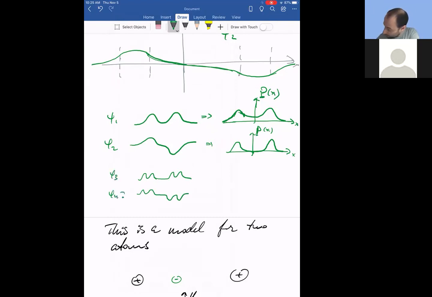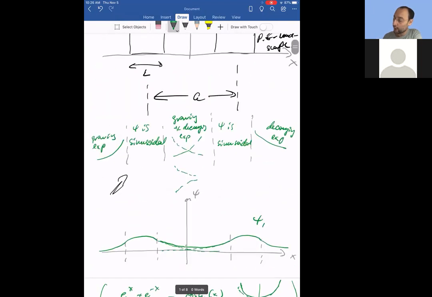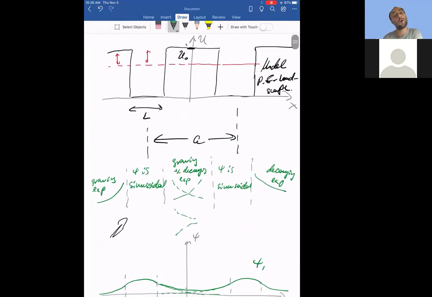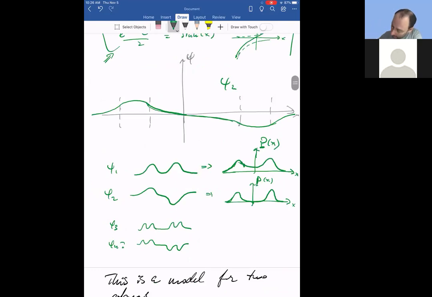And when you look at it, you would say, oh, so it looks almost like constructing a wave function out of the sums and differences of an electron wave function in each individual well. That's really what we're doing. We're constructing the full wave function out of the building blocks, where each building block is the wave function for an individual well. It would not be wrong to say that.